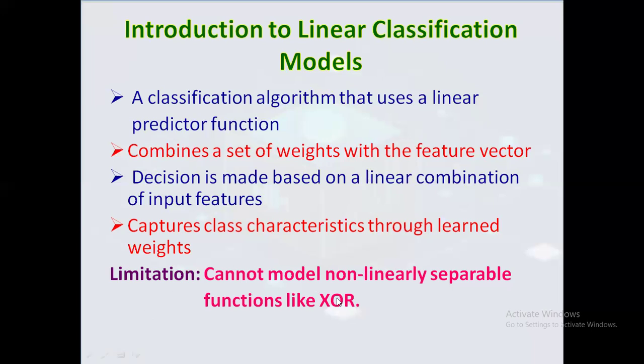However, in linear classification, if you take the AND gate, OR gate, or some other gates, we are able to separate the positive values, that is the true values, with a linear line.